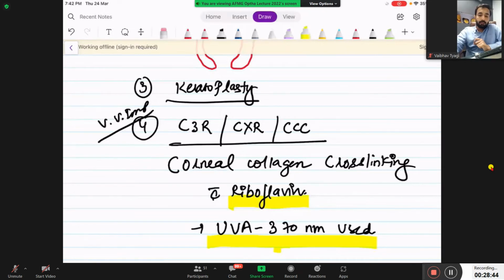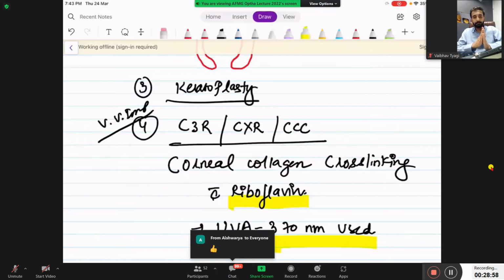Understood? The concept is clear for C3R and keratoconus. Give me a thumbs up if it is clear. Basic aim of the treatment is to strengthen the cornea so that we can reduce the progression of the corneal steepening. Give me a thumbs up. Okay.